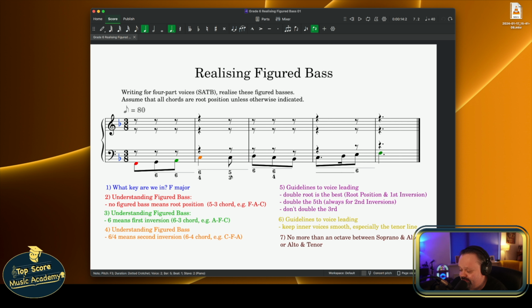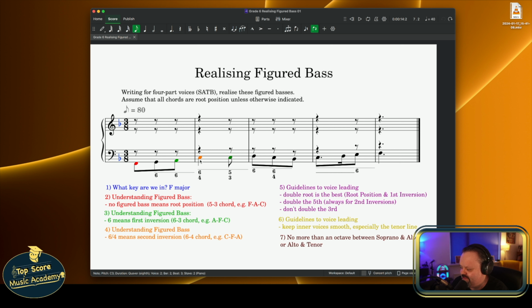Sometimes you'll actually see 5-3 written out if it comes after a 6-4 chord, which suggests that the sixth above this bass note is going to progress to the fifth above this bass note. So the sixth will go to the fifth, and also the fourth should move to the third.